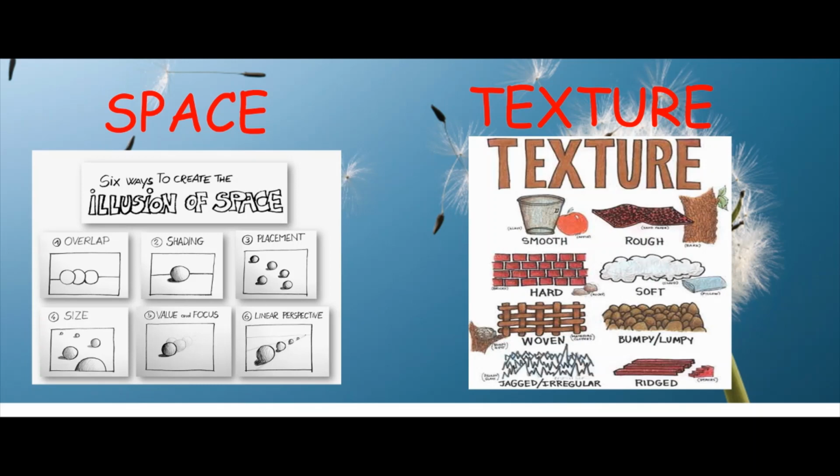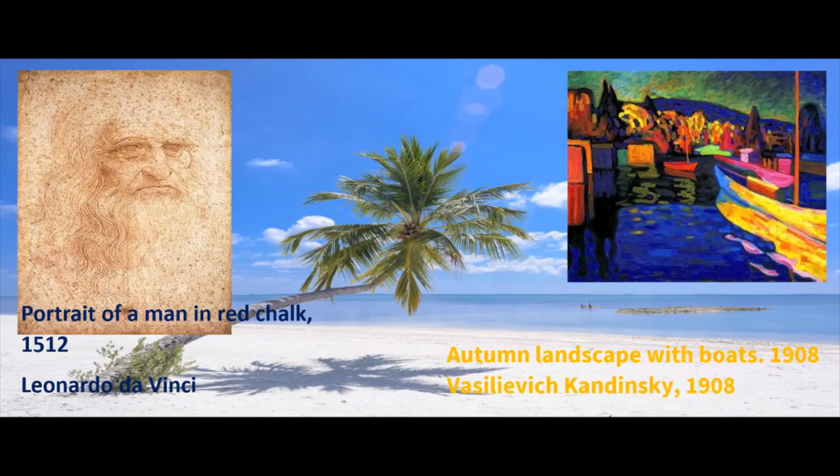And, well, here are the examples of artworks that used one or more of these elements. Let's take the first example, a painting entitled Portrait of a Man in Red Chalk by Leonardo da Vinci, which was completed in the year 1512. It was created using incredibly fine and intricate lines.